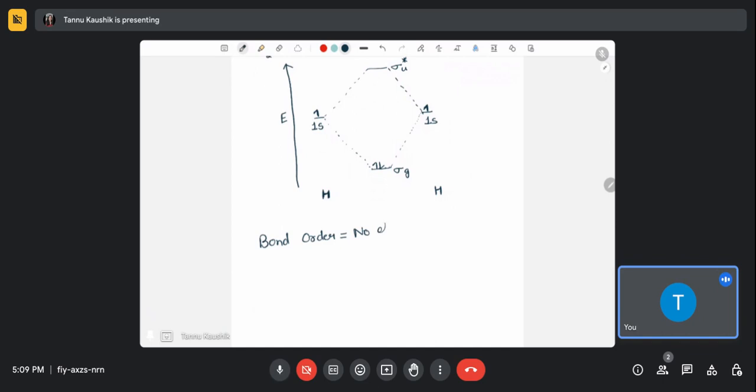Bond order is equal to the number of electrons in bonding orbitals minus the number of electrons in anti-bonding orbitals, divided by 2.